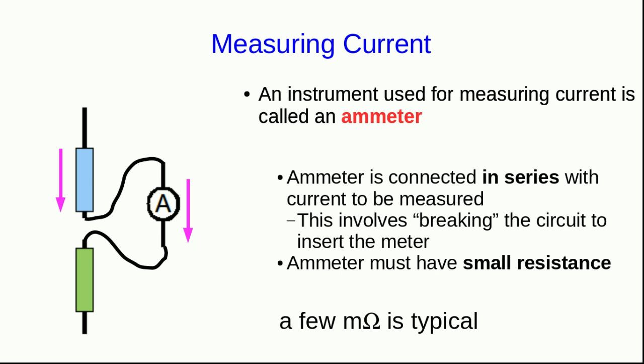An important consequence of that very small resistance is that you must never connect an ammeter in parallel with something else, because if you do, you will have put the same potential difference across it as the other thing, but it has a very small resistance, and so a gigantic current will run through your ammeter. In general, that would destroy your ammeter, except that most ammeters have a fuse in them that will burn out to protect the ammeter. But now you have to replace the fuse.